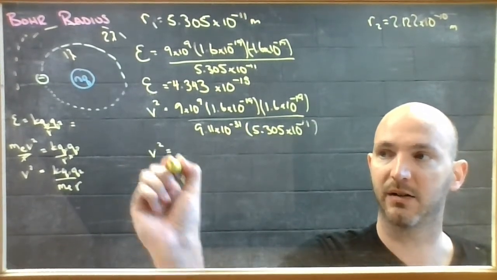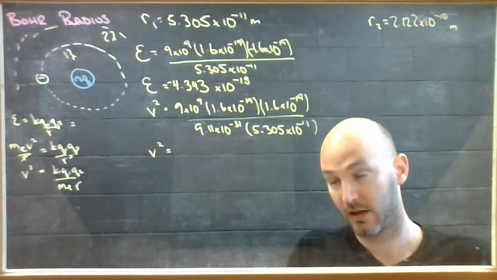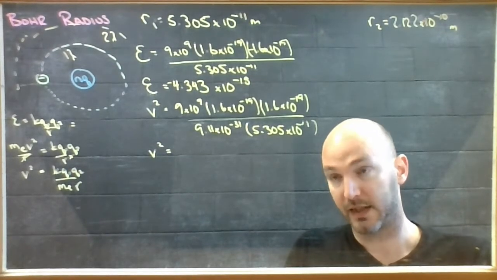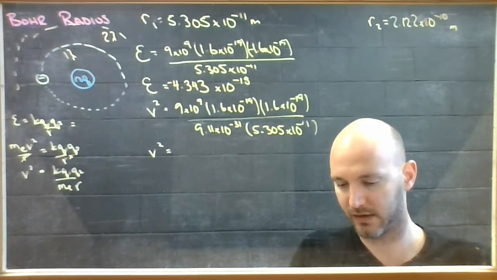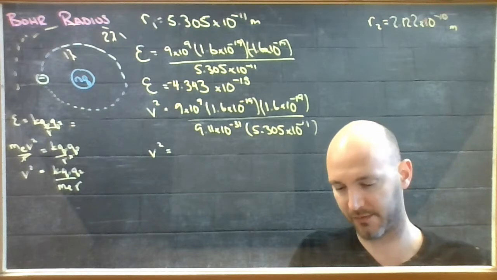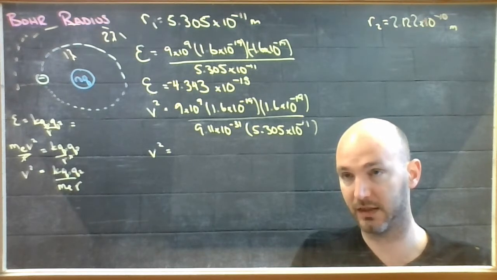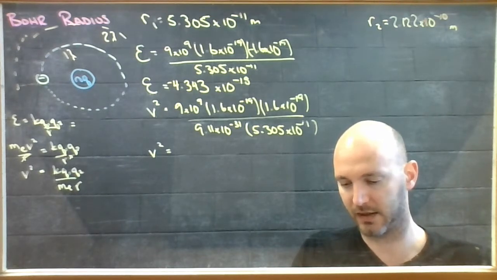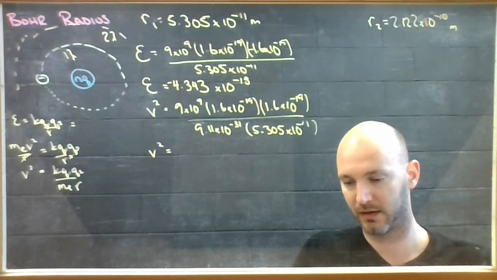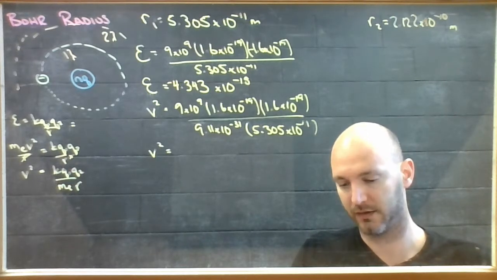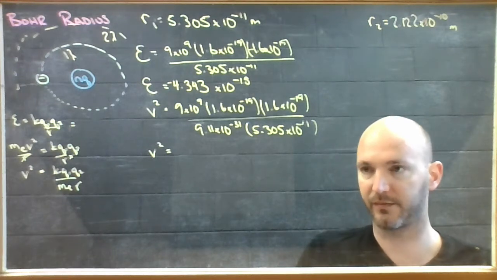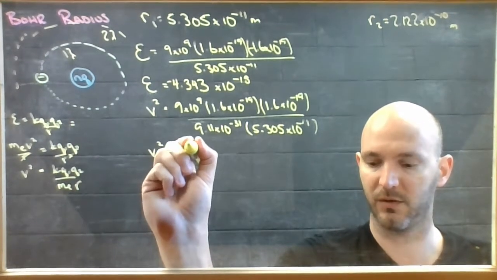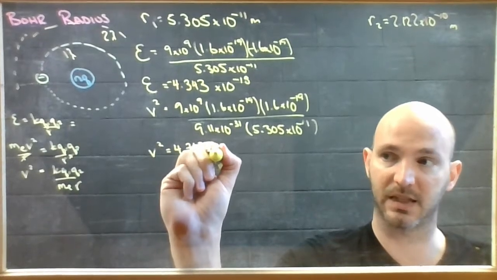So speed squared for this particular electron would be 9 times 10 to the 9 multiplied by 1.6 times 10 to the negative 19 squared, which gives me that same number that keeps coming out, divided by 9.11 times 10 to the negative 31, divided by 5.305 times 10 to the negative 11, which gives me 4.767 times 10 to the 12.